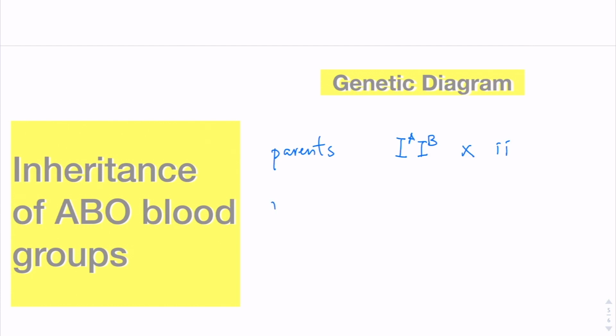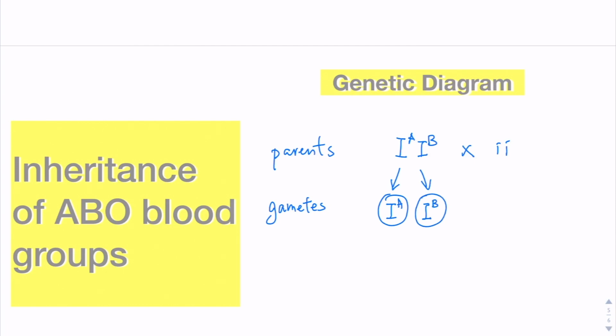Then, what gametes can they make? The first person with blood type AB can make two types of gametes: some gametes carry the A allele, some carry the B allele.